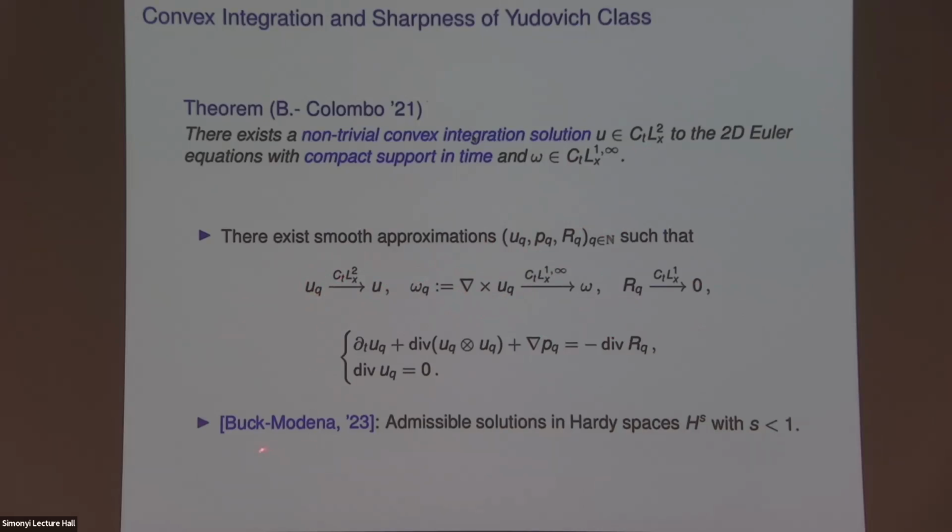And Bru and Modena improved this result a bit by showing that one can actually control Hardy norms, but again, there's the constraint s smaller than 1. So it seems that one cannot even get an integrable vorticity using this technique. And actually, there's a very clear obstruction coming from the quadratic cancellation of the error.